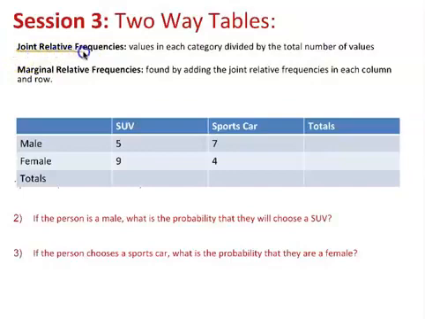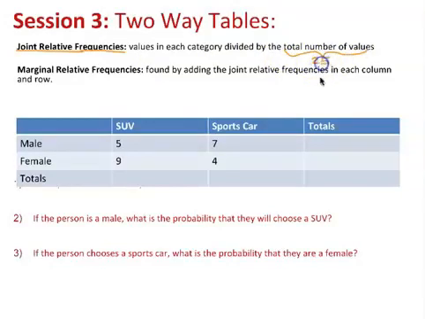So let's go ahead and find the joint relative frequency in this table that we've been looking at. The joint relative frequencies are going to be the values in each category. So 5, 9, 7, 4, those are the values in each category. And we're going to divide the value in each category by the total number of values, and in this case, it was 25.